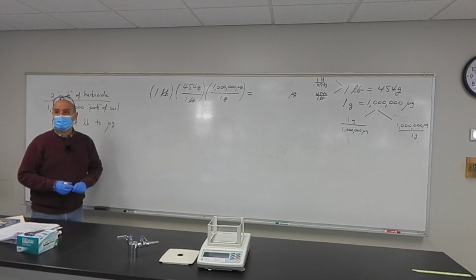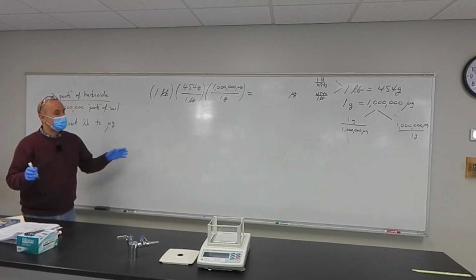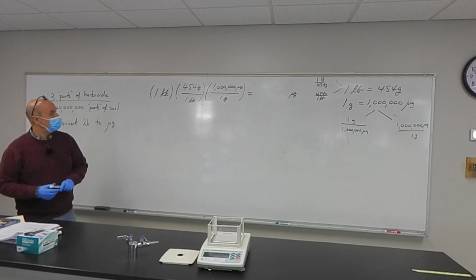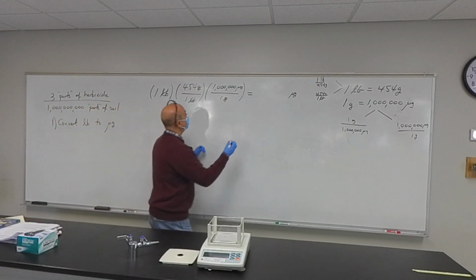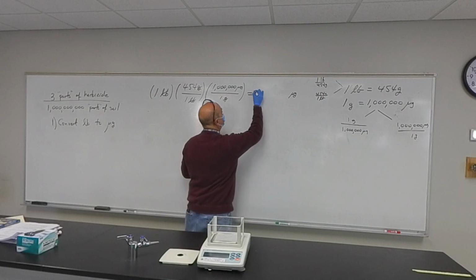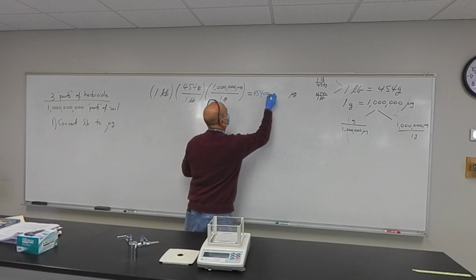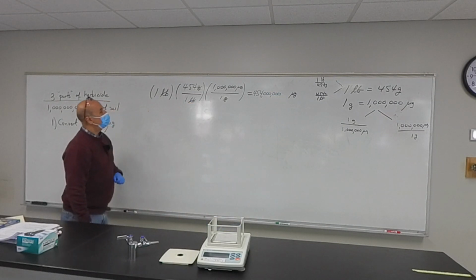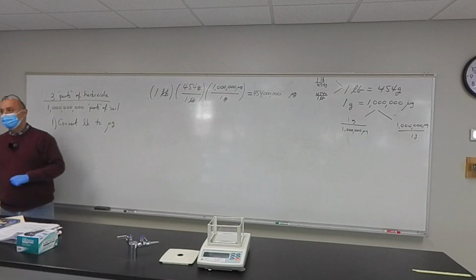We should be using scientific notation, but I'm going to stick with decimal just because I don't want to complicate matters. So my answer is going to be 454 million micrograms.